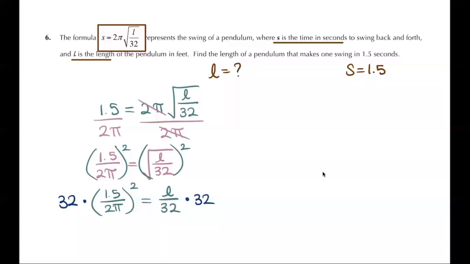Perfect. Nicely done. And that solves for L. So L is going to be 32 times 1.5 over 2 pi, squared, which of course you would use a calculator for. Don't worry, you would not need to do that in your head or on your own. And that gets you 1.82. And I think this is feet. Yeah.